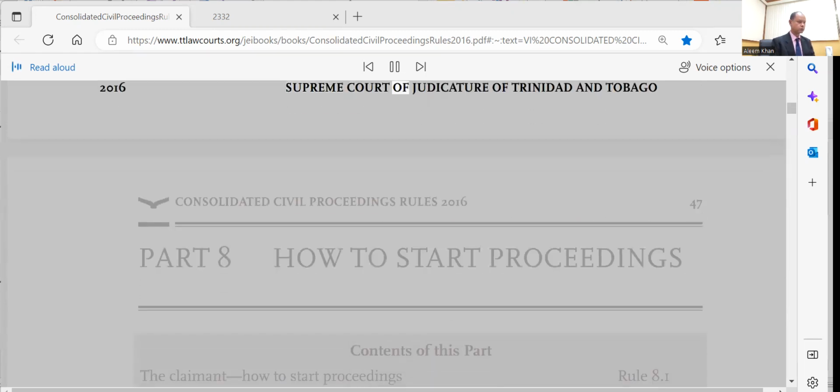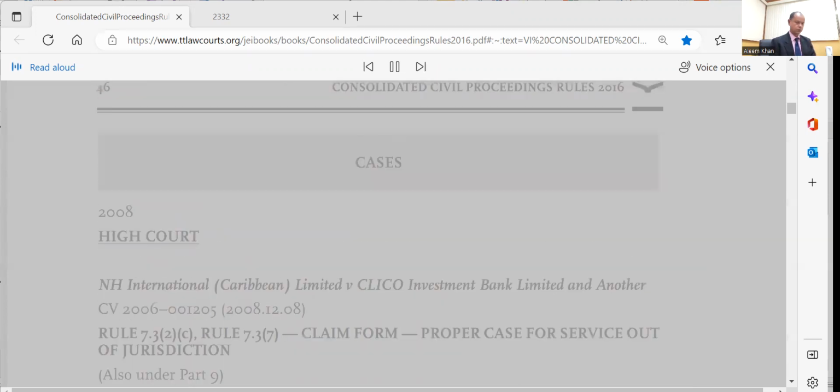2016 Supreme Court of Judicature of Trinidad and Tobago. 46. Consolidated Civil Proceedings Rules 2016. Cases. 2008 High Court. NH International, Caribbean, Limited v. Clico Investment Bank Limited and another CV 2006-001205, December 8, 2008, Rule 7.3, 2c.